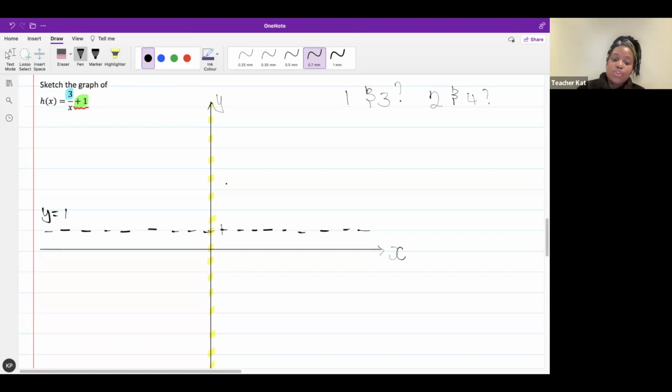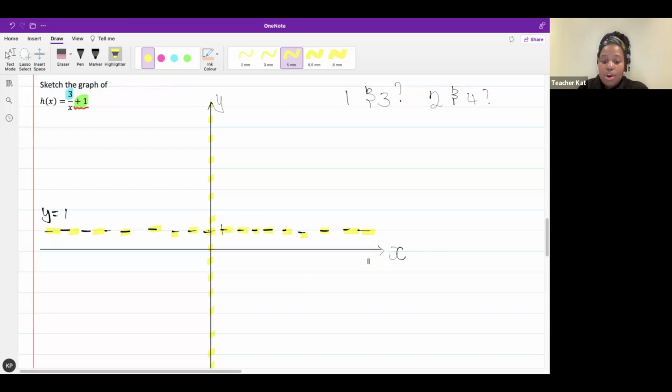Okay, so if you're going to draw this, the only thing I'm going to say now is be careful not to be tempted to draw it here by your x-axis, because your new asymptote, maybe I should highlight it yellow so you can see where it is and where this graph is going to be. Okay, this is my new asymptote.